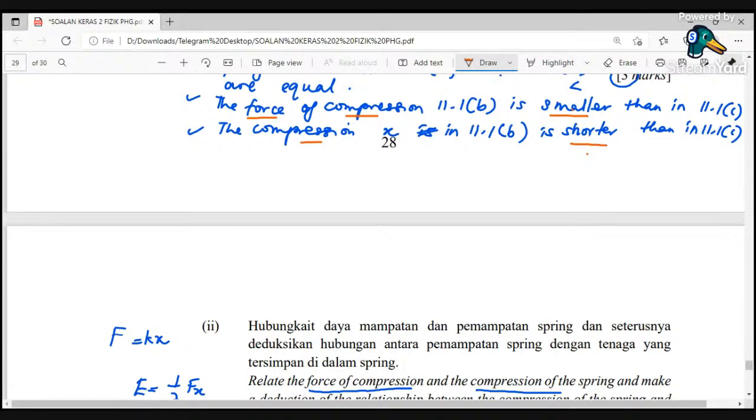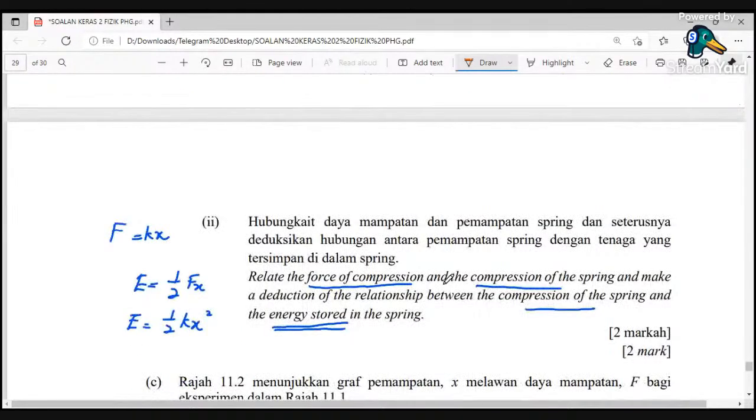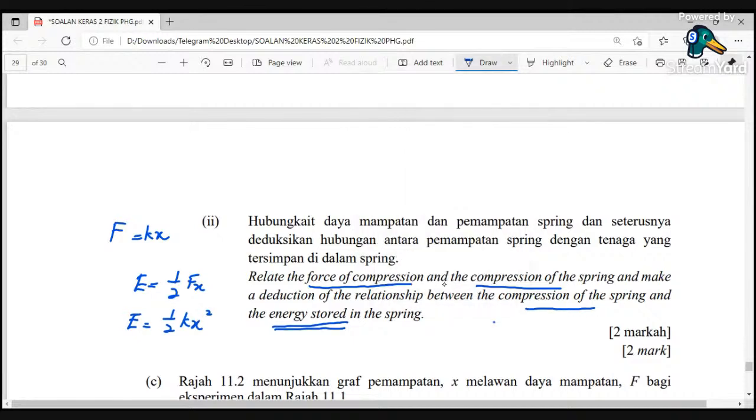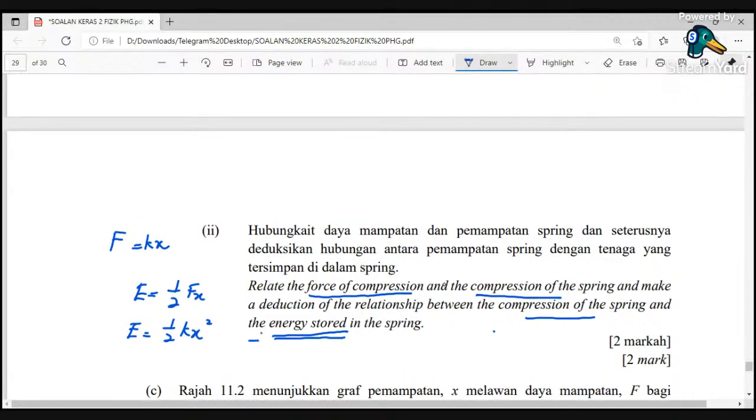So, macam mana nak tulis jawapan? Cara you tulis, you can write macam you tulis hypothesis. Jangan tulis perkataan directly proportional dan sebagainya di sini ya. Ini tak ada graph. Itu kalau ada graph boleh lah. Okay, tulis the force.